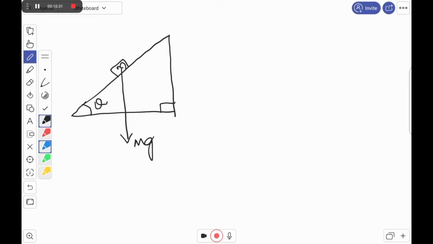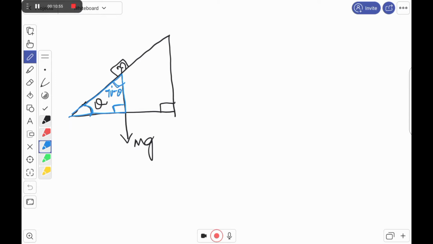Let us see. Now see, this is theta, this is 90 degrees. So what is the value over here? 90 minus theta. Is it clear, children? It is 90 minus theta because this is a triangle, and the sum of all the angles is 180. So if it is 90, these two angles should also give you 90.